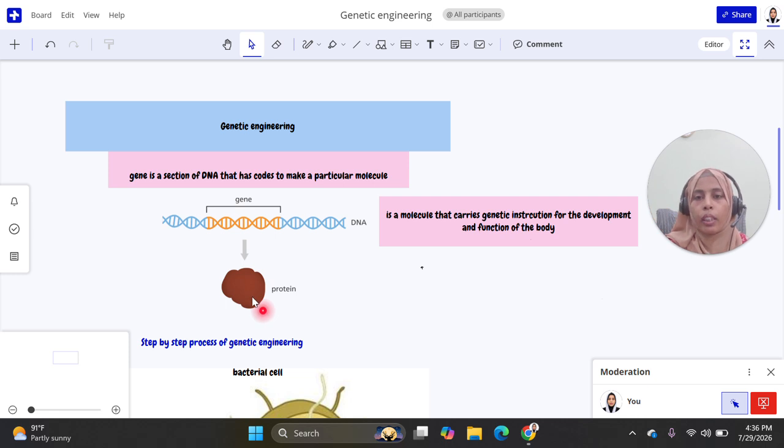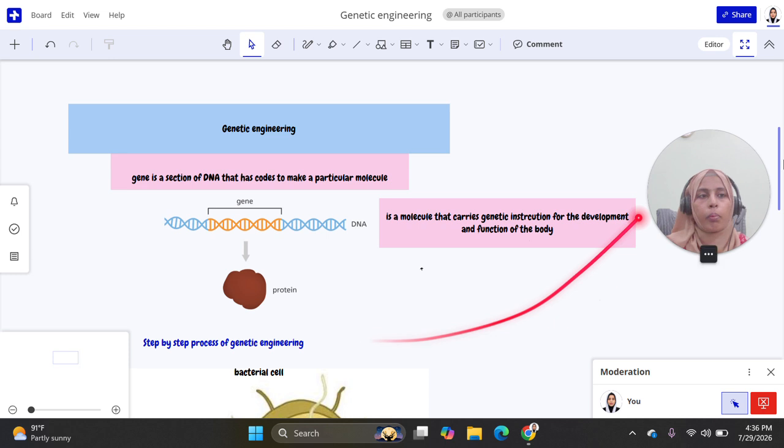This gene has the recipe or the codes or the instructions on how to make it. So if the gene is absent from the body, it means this protein cannot be made, right? So this gene is responsible to provide the codes or the instructions to make a specific protein or specific molecule, right?